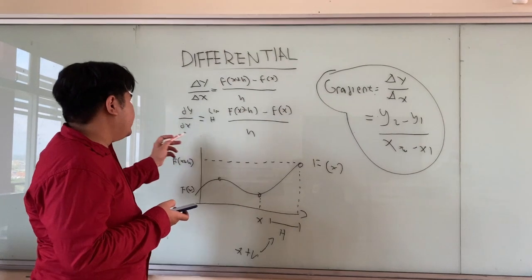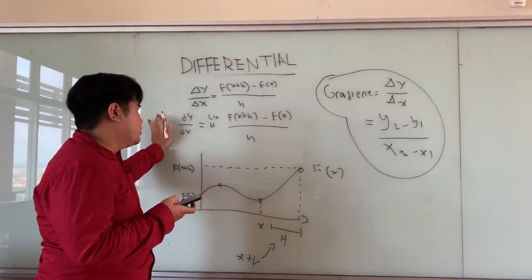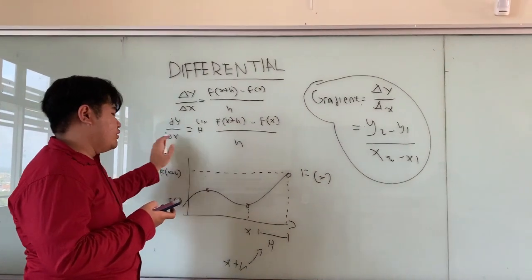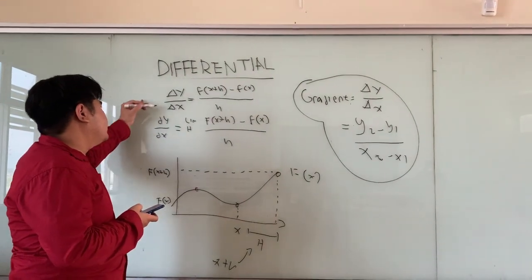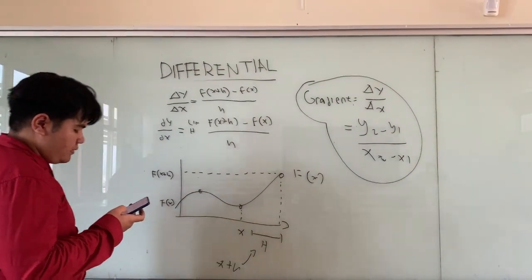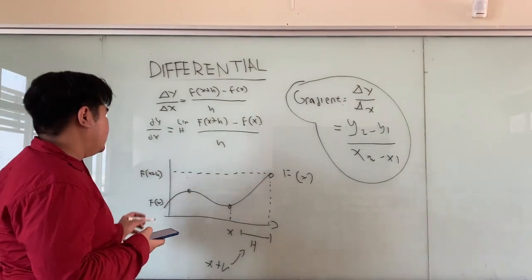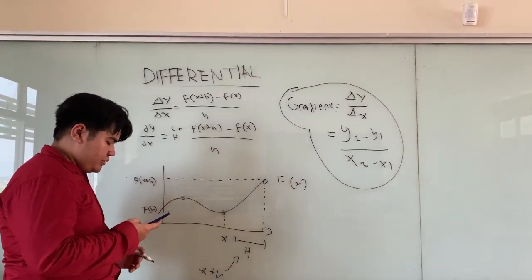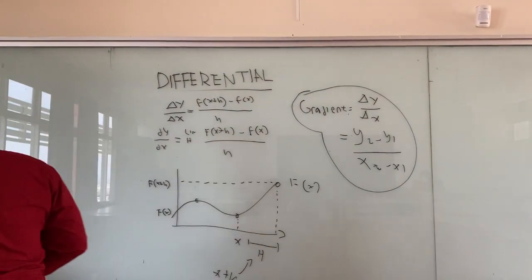Now we can use this one as the formula because it would be more accurate if the x is smaller than the y. So with this, I have another example to show you.